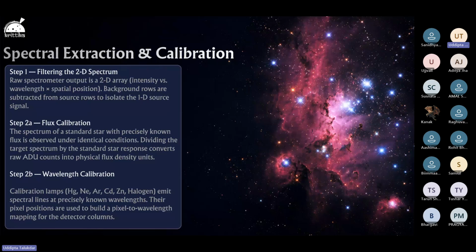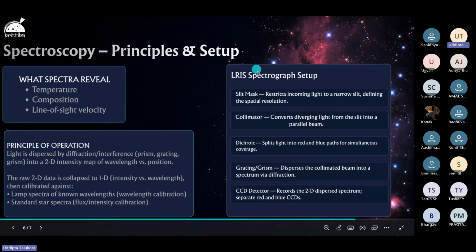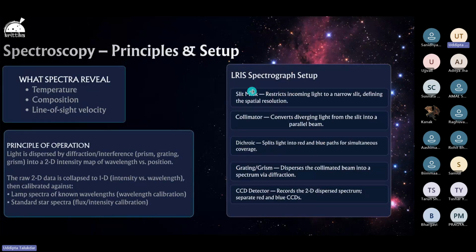So, the first is filtering the 2D spectrum. So your raw output is a 2D image. We need to squish it down to a 1D plot because it's the easiest to study. But first we need to clean out the sky background a bit because when light came from the slit mask, it is not necessary that only the starlight was measured.